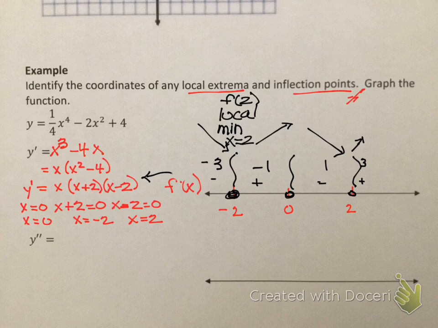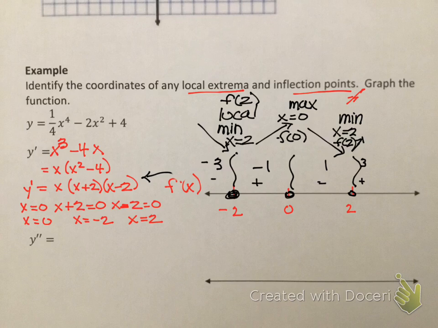I have a local max here, x equals 0, and f of 0 would give me the y value. Again, an additional local min. The x value is 2, and f of 2 would give me the y value.